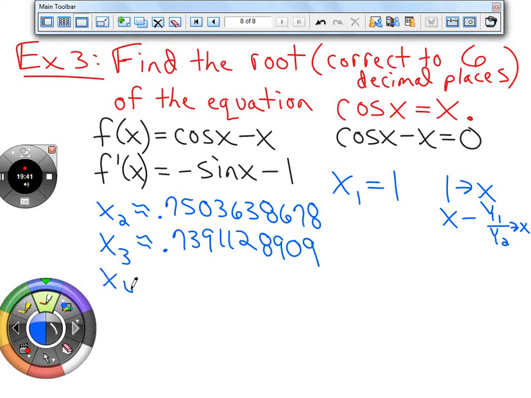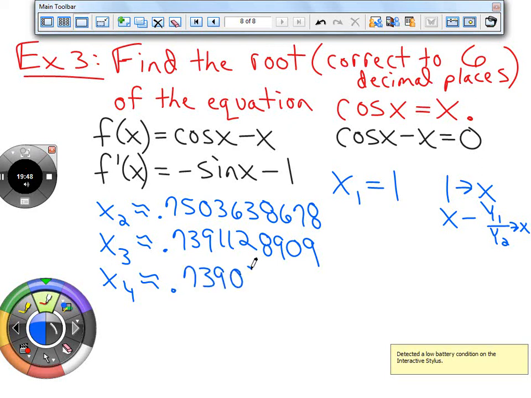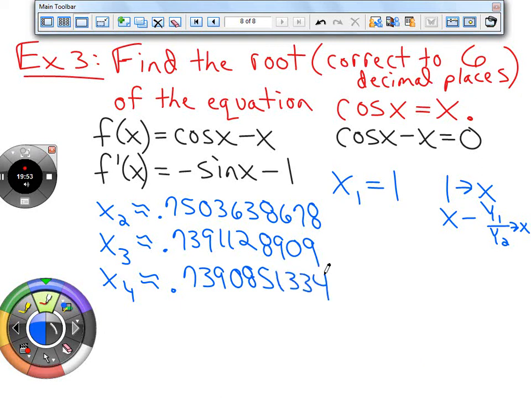And x sub 4, they were still changing, so I kept pressing enter. And then I got 0.739085 and then 1332. It was pretty obvious at that point that I was correct to 6 decimal places.